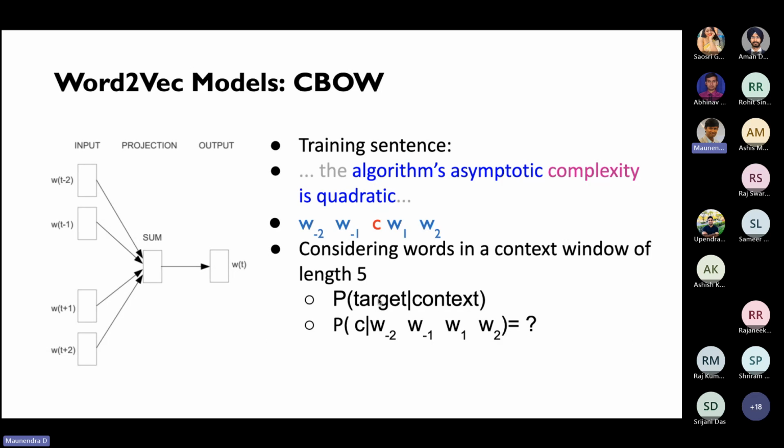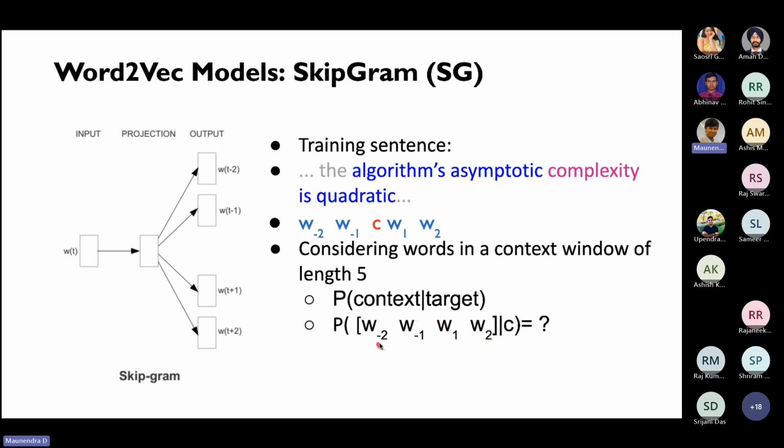Okay, now let us see. So our goal is to get this prediction. Given, for CBOW, these words, we try to predict the central word, or given the central word, we want to predict these. So in other words, we are given a central word, and what words can appear in the context will be coming from the vocabulary only, right?